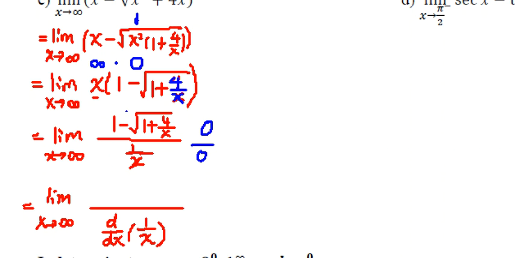So I just need to focus on the derivative of this square root. I need to use the chain rule, calling the inside part u. Think of this square root as the power 1/2.